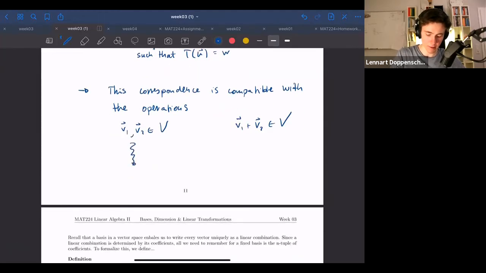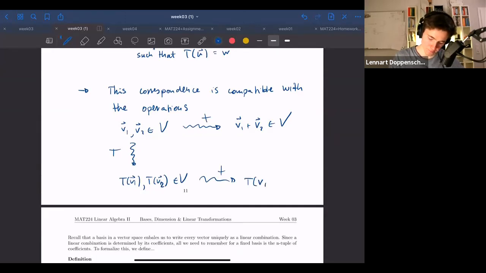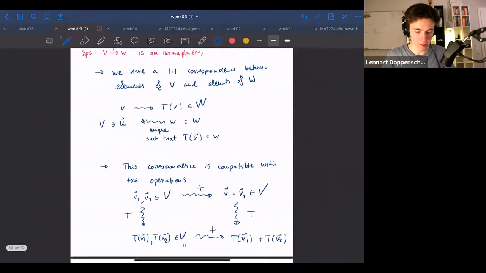You might as well map them to T of V1, T of V2 in W, and then you can sum them together. So the plus operation, this is T. And then this means that T of V1 plus V2 equals T of V1 plus T of V2.